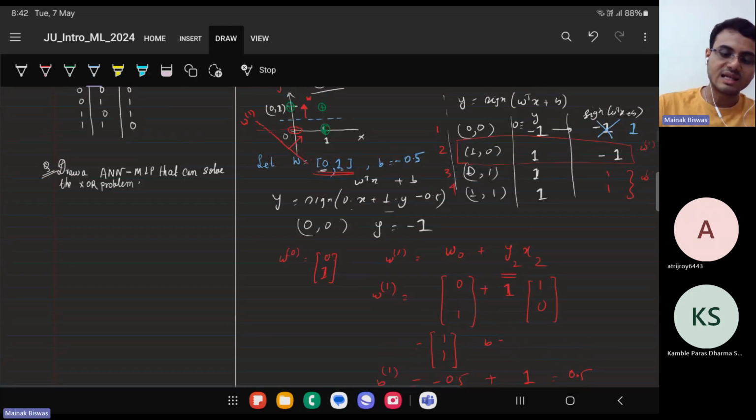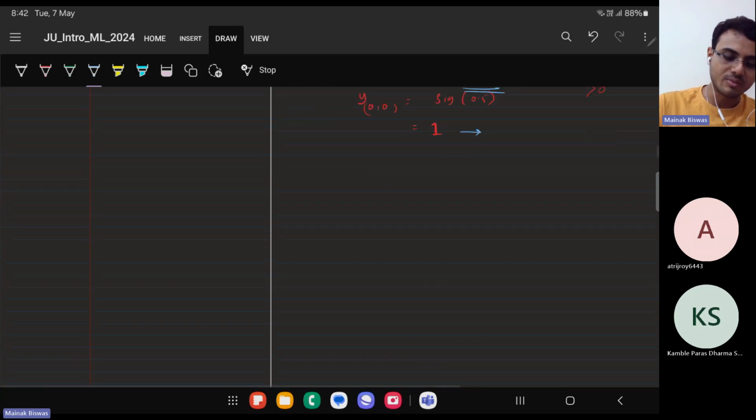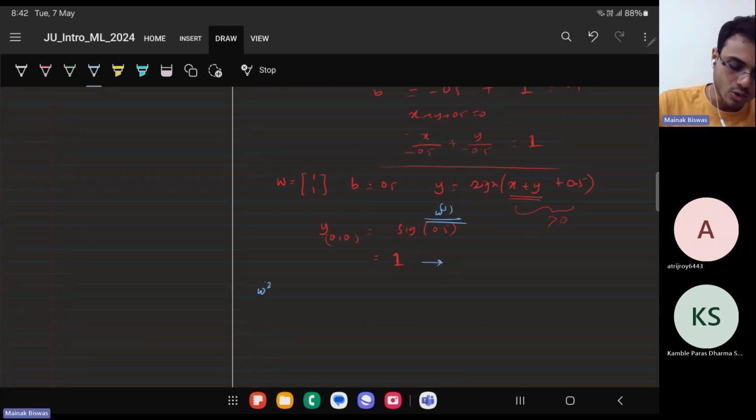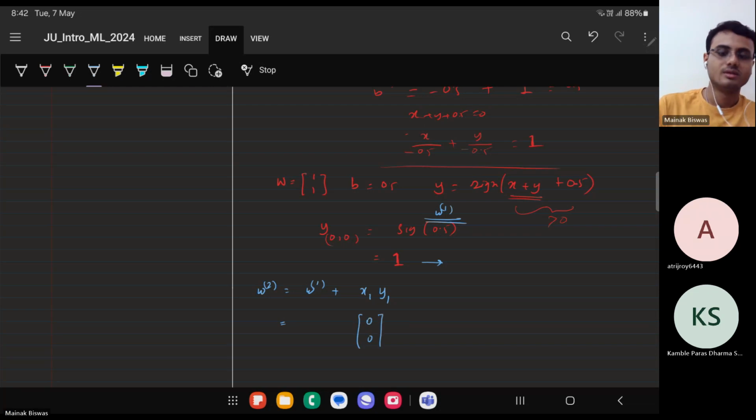So it is a misclassified data point. So again, tell me what will W2 be? W2 is equal to W1 plus X1, Y1. Yes or no? What is X1? 0, 0, right? Y1 is -1. Correct? What is B2?